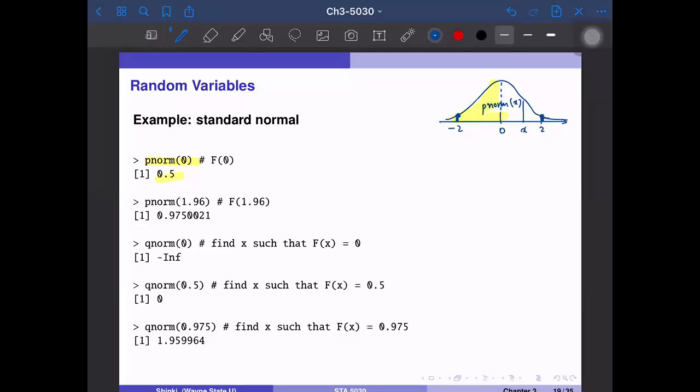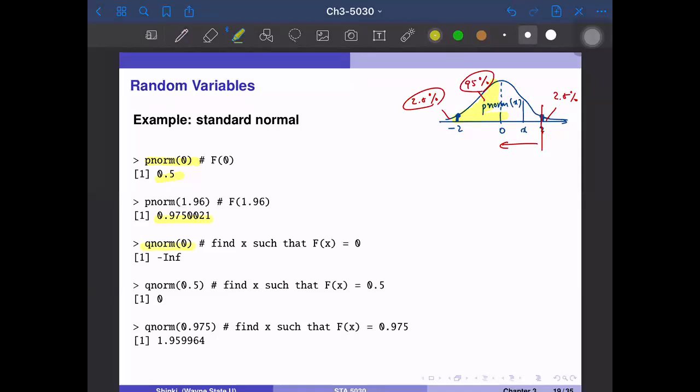So you have studied that this area is 2.5% and this area 2.5%, and the center is 95%. So that means below 2 we have 2.5 plus 95, so 97.5% we should have, and actually 0.975.